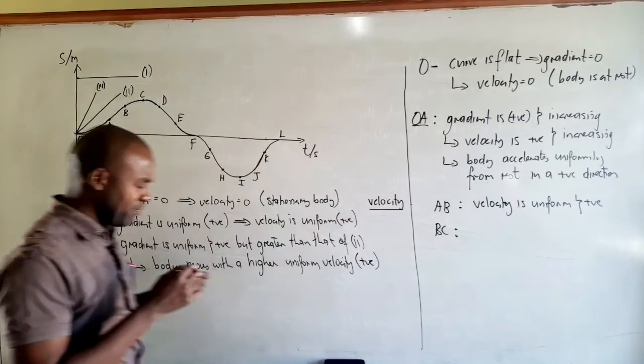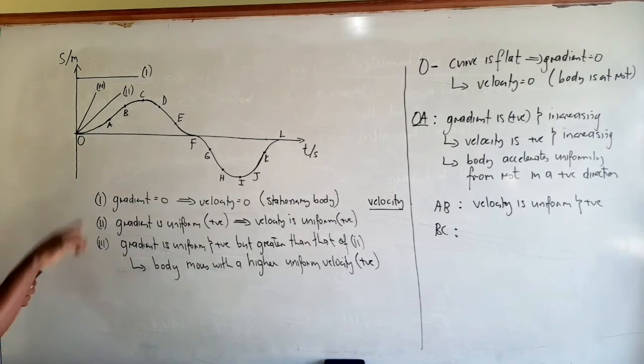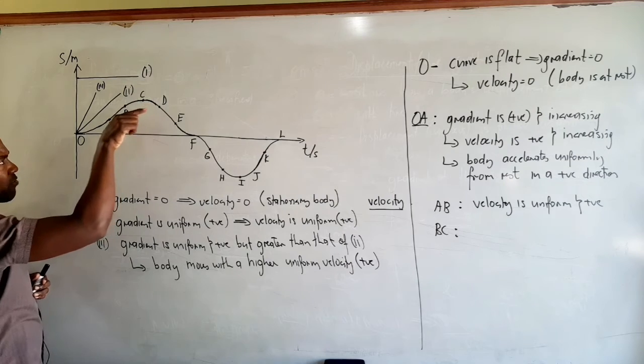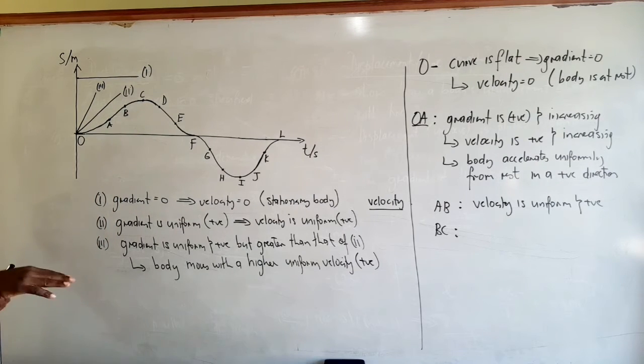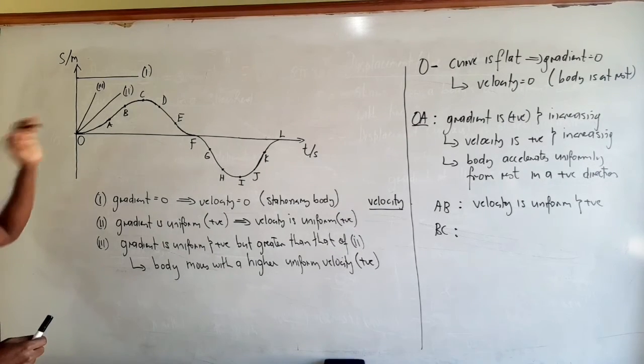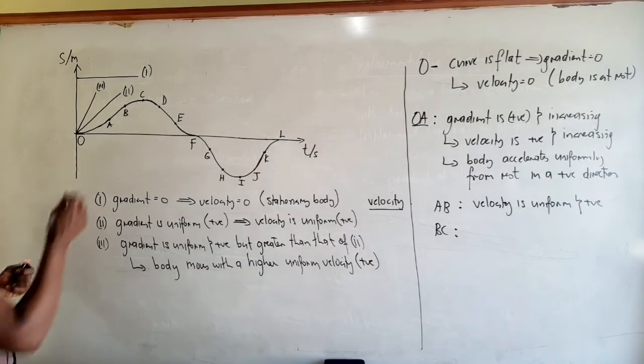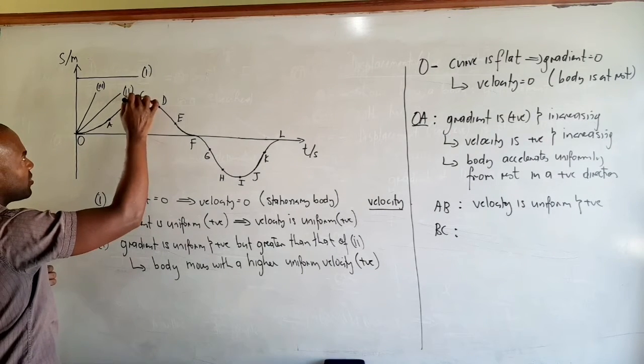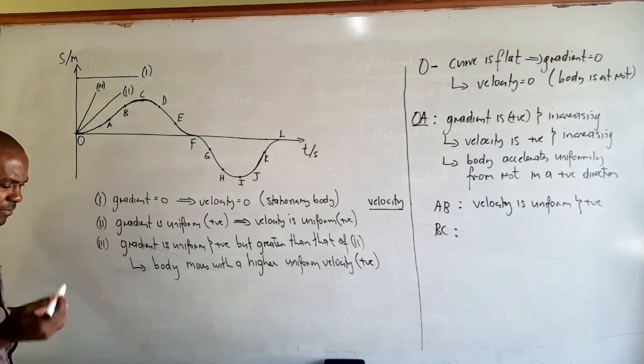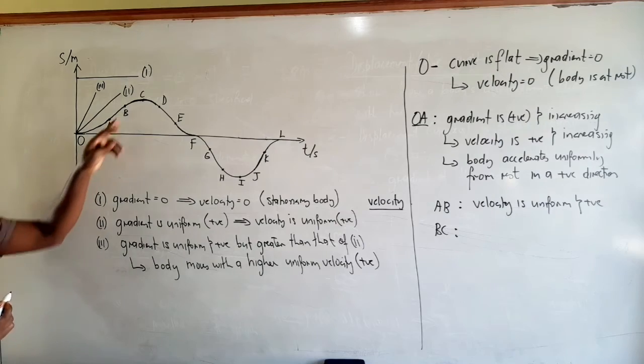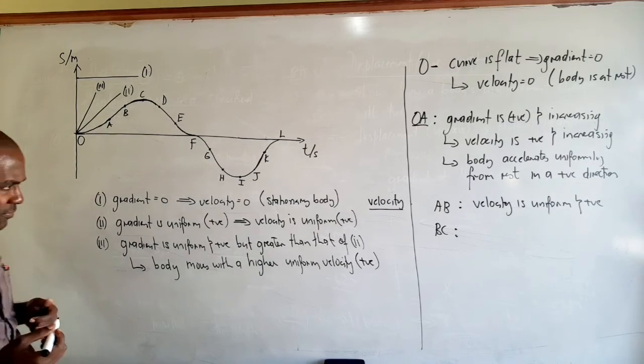Now if you examine BC, once again it starts a curve, and the graph is starting to become flat, right? So this means that the gradient is decreasing, but it is still positive, right? So the curve is beginning to flatten a bit, and so the gradient is decreasing, but it is still positive, right?